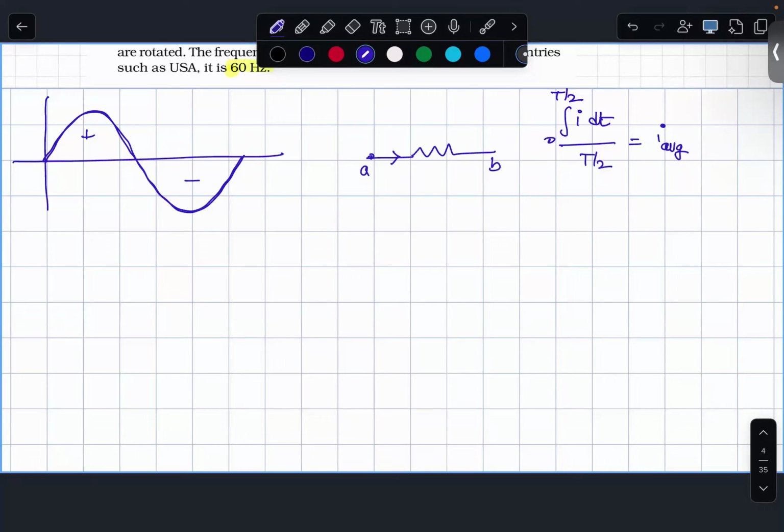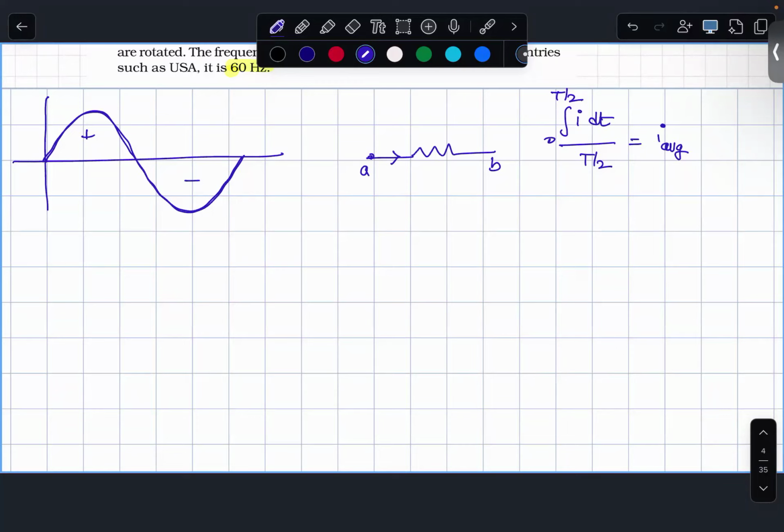To pass the same X charge in the same time, the equivalent AC is what we will call the average value. That is the reason why average value is strictly used for positive cycle or negative cycle only, not half positive cycle, half negative cycle.